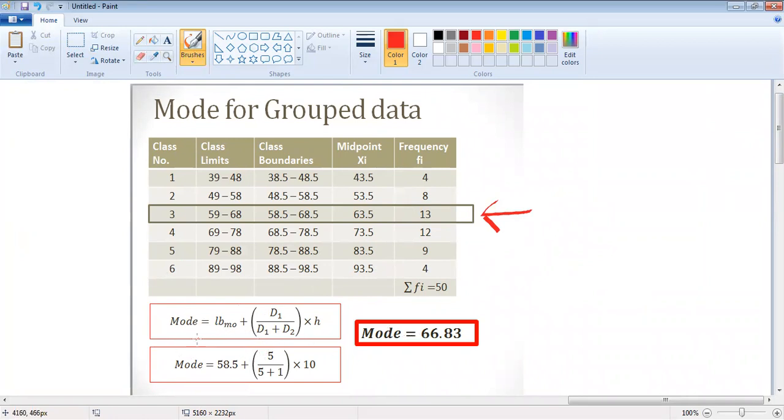Mode is equal to the lower boundary of the modal class. So just look at your modal class and concentrate on it.